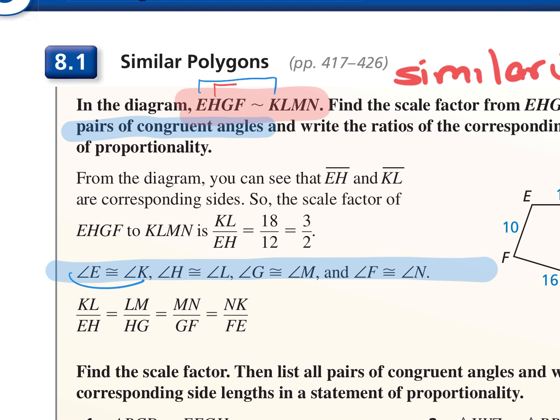And then H was the second, and it matches with L. And then the G, the third letter, matches with the M, the third letter there. And then lastly, the F and the N. So this makes it easy to find the corresponding angle pairs. Remember, when two figures are similar, the angles are always congruent. However, the sides are proportional.